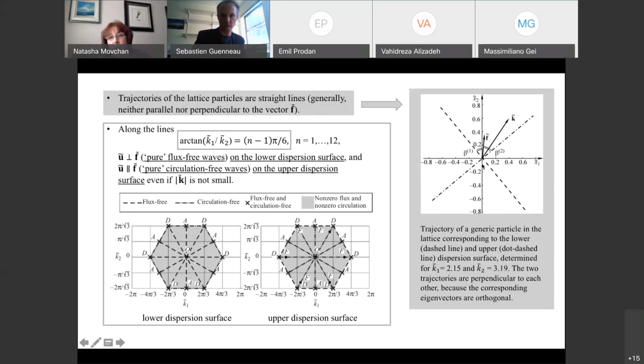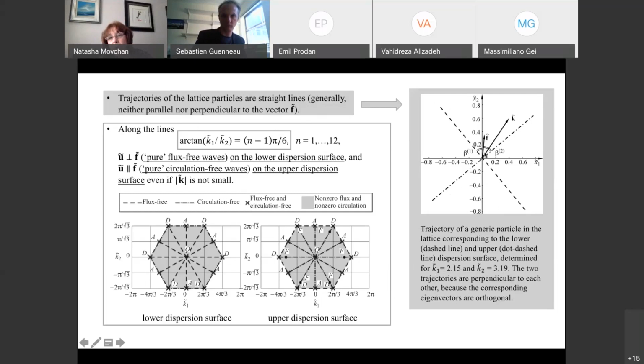The dashed line corresponds to the trajectory of a particle for the frequency taken from the low dispersion surface, and the dot-dashed line corresponds to the frequency taken from the upper dispersion surface, for a specific choice of the vector k, which is not small.